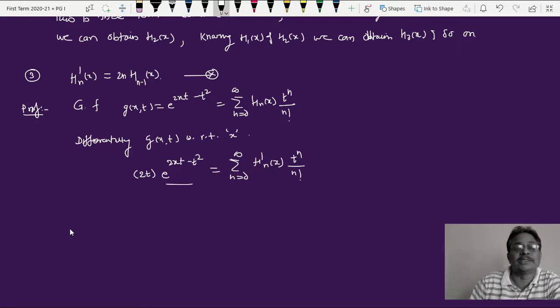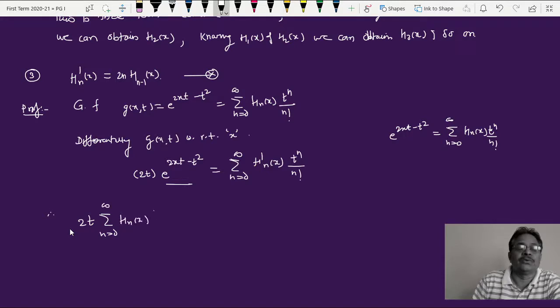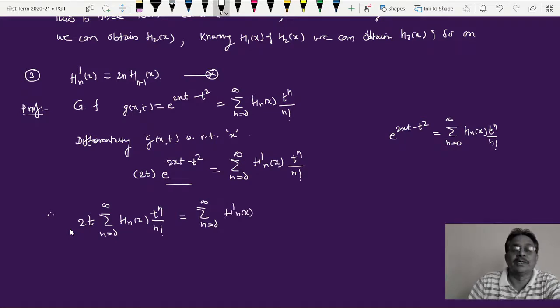Again, replace this from our generating function. Here e raised to twice xt minus t square can be written as summation over n equal to 0 to infinity H n of x into t raised to n upon n factorial. So replace this. Therefore the next term is twice t summation n equal to 0 to infinity H n of x into t raised to n upon n factorial, equal to summation over n equal to 0 to infinity H dash n of x into t raised to n upon n factorial.